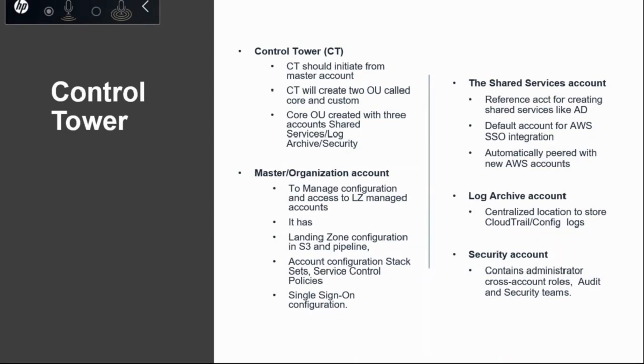This is also the default account for your SSO integration. So if you create any new account using Control Tower, it will automatically tie up with this shared services account. Your shared services like AD, SharePoint, or any file servers need access to all the new accounts, so it will automatically create a VPC peering between the two accounts.